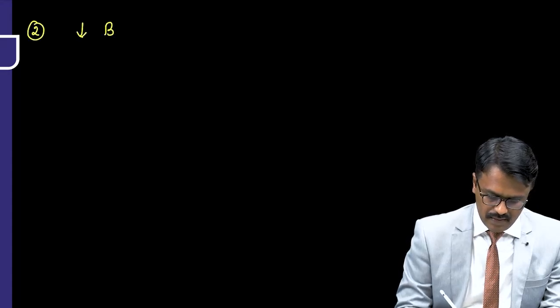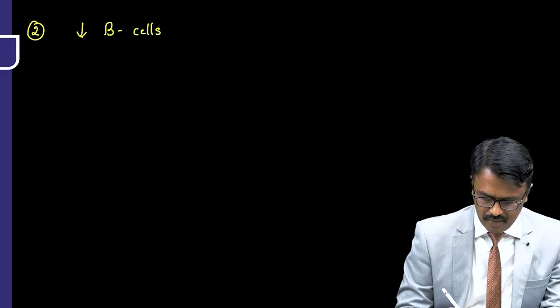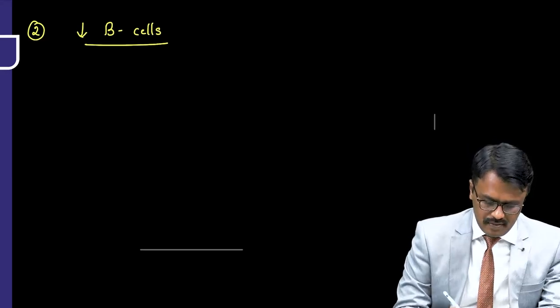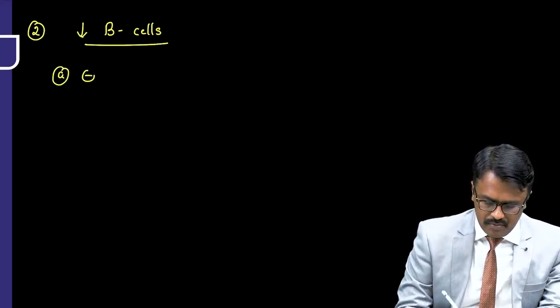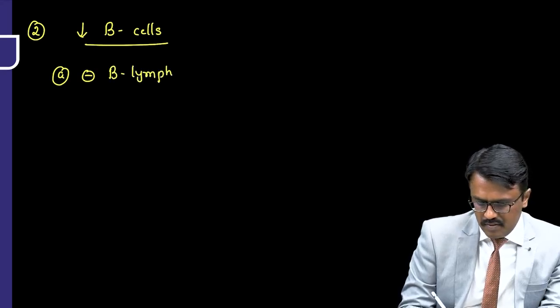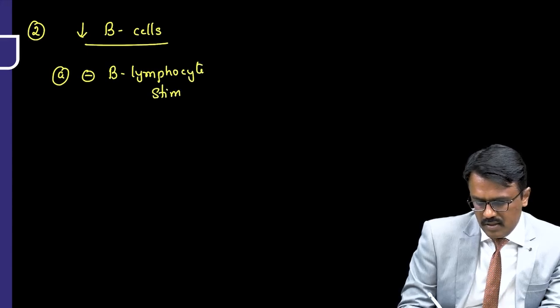The second thing you can do is decrease the B cell activation. Now, how do we suppress the B cell? We have an inhibitor of B lymphocyte stimulator. So this is inhibited.